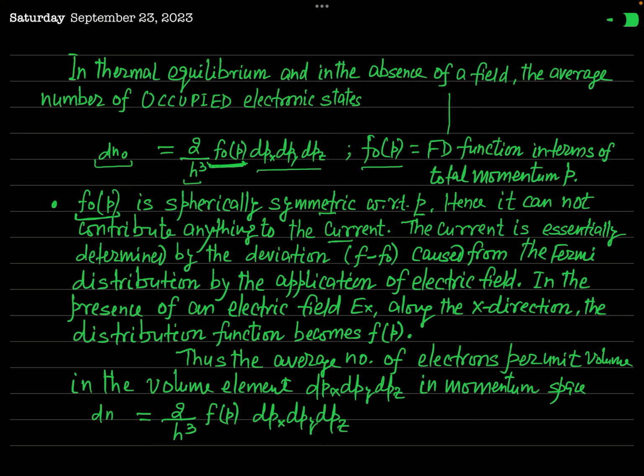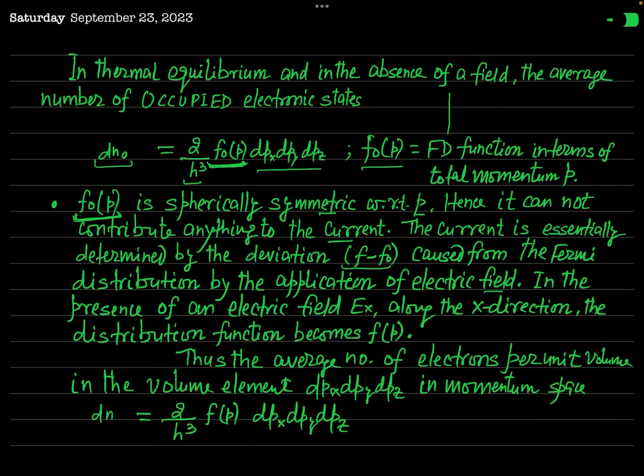So actually the deviation in the value of this Fermi function is responsible for the electric conduction. I have written that current is essentially determined by the deviation f minus f naught caused in the Fermi distribution by the application of the electric field.